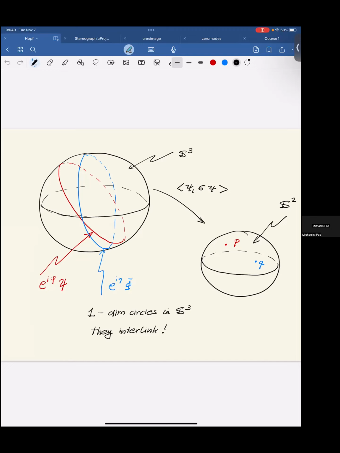That's the sphere, S3. And now you take this map, psi, sigma, psi, and I told you that the length of this map, psi, sigma, psi, is 1, is psi, comma, psi. So in other words, you have a map from the S3 into the S2. When you take a point on the S2 and you look at the pre-image, you get great circles in S3. And these great circles have a strange property, namely they're one-dimensional, of course, and they interlink.